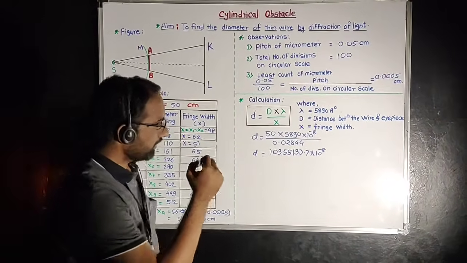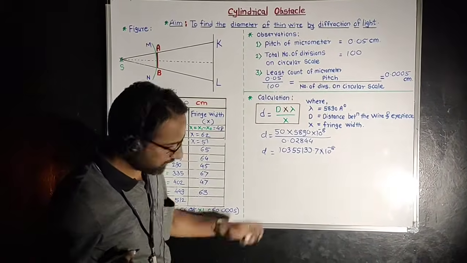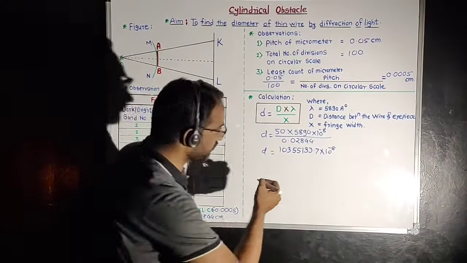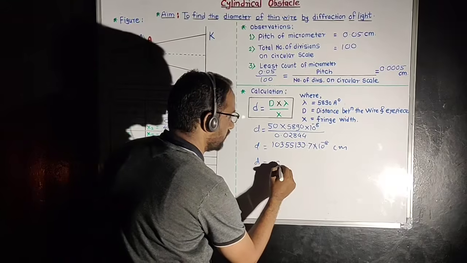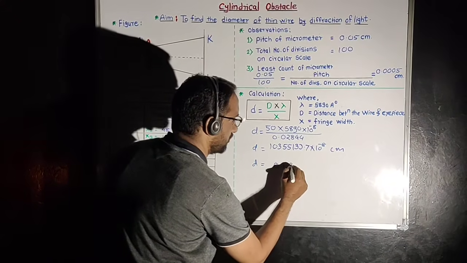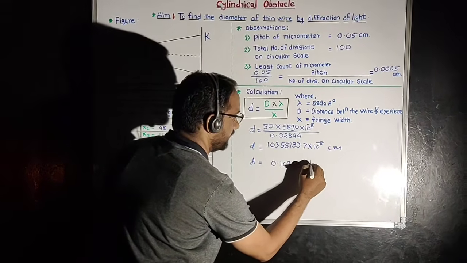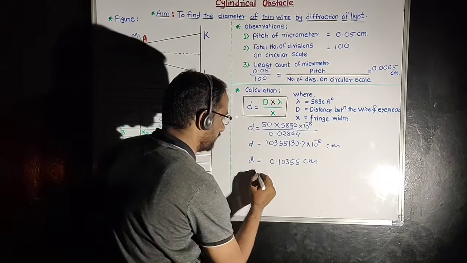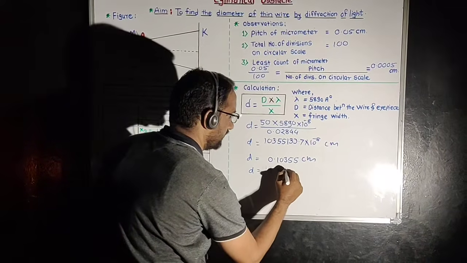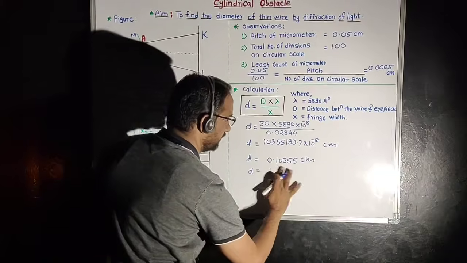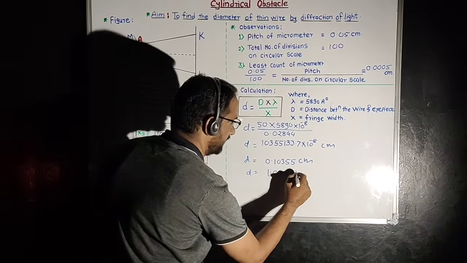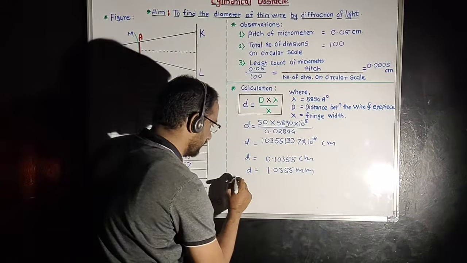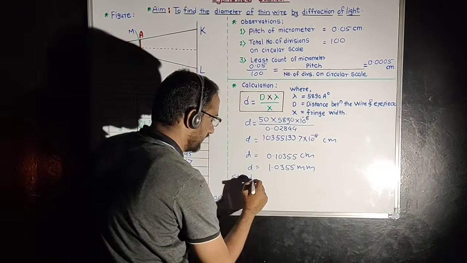Okay, so the value of D in terms of centimeter, therefore D is equal to 0.10355 centimeter, that is equal to near about 1 millimeter. So in millimeter exactly we can write here 1.0355 millimeter.